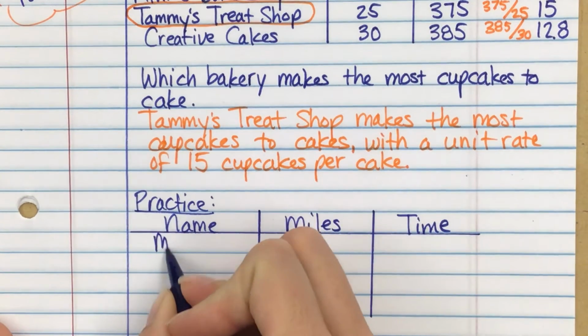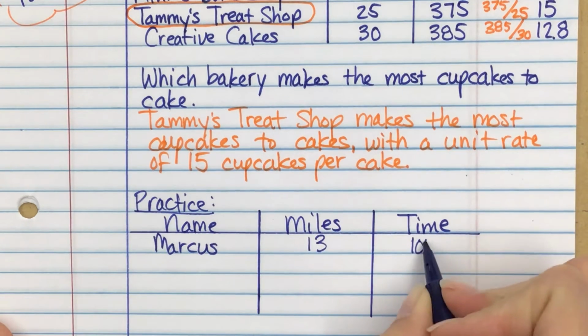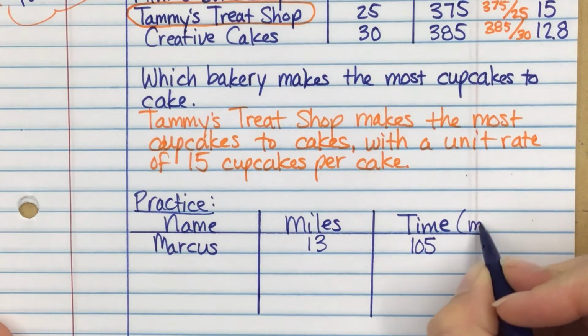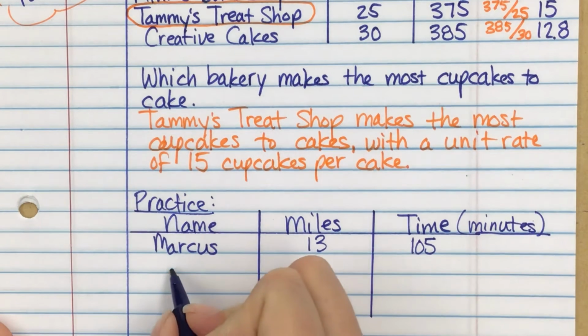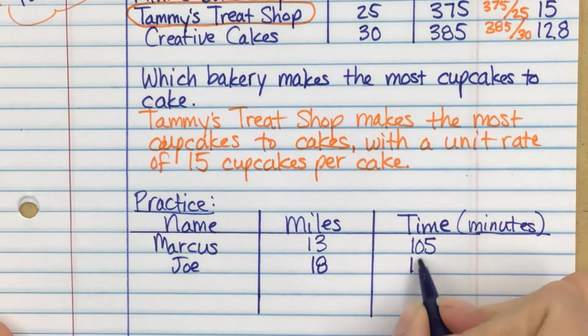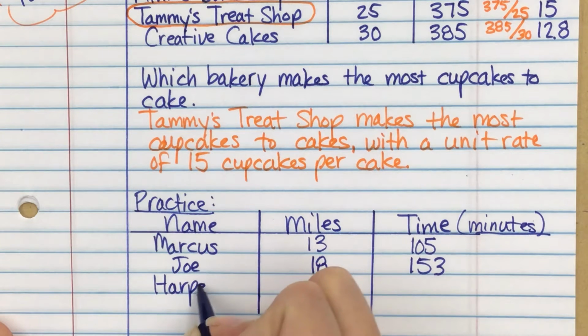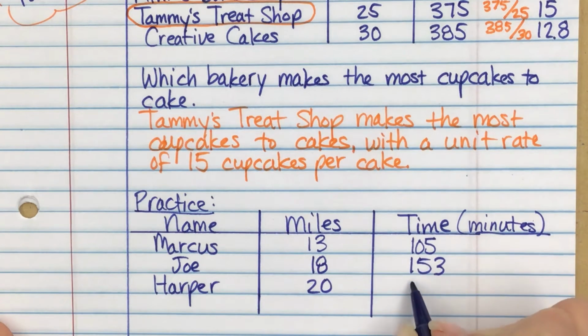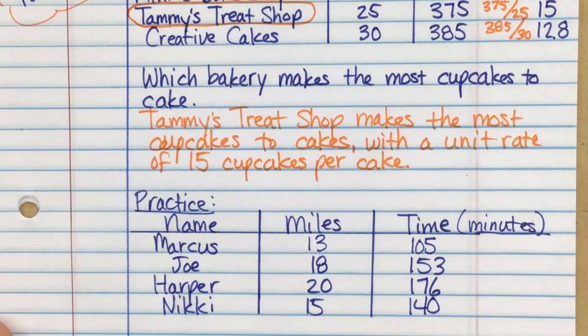So we have Marcus, who ran 13 miles in 105. Sorry, this is minutes. You have Joe that did 18 miles in 153 minutes. Harper that did 20 miles in 176 minutes. And Nikki, who did 15 miles in 140 minutes.